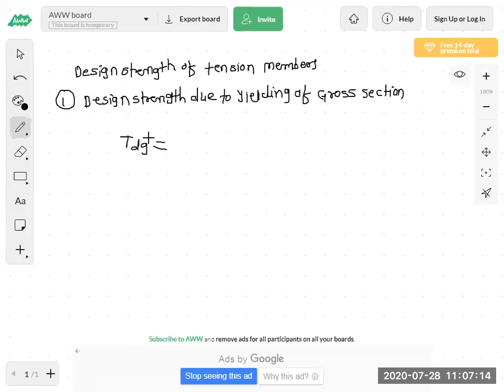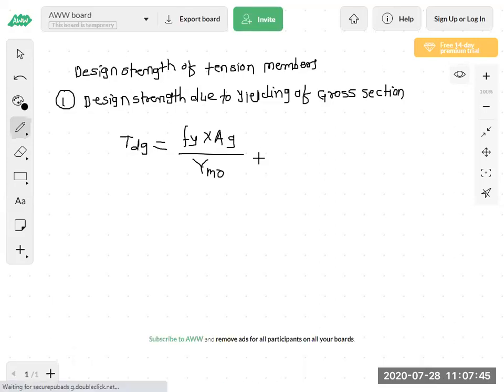G is the gross cross section, D is design, and T is tension. So Tdg is equal to Fy into Ag divided by gamma m naught. We have to use this formula for the calculation of design strength due to yielding of cross section.